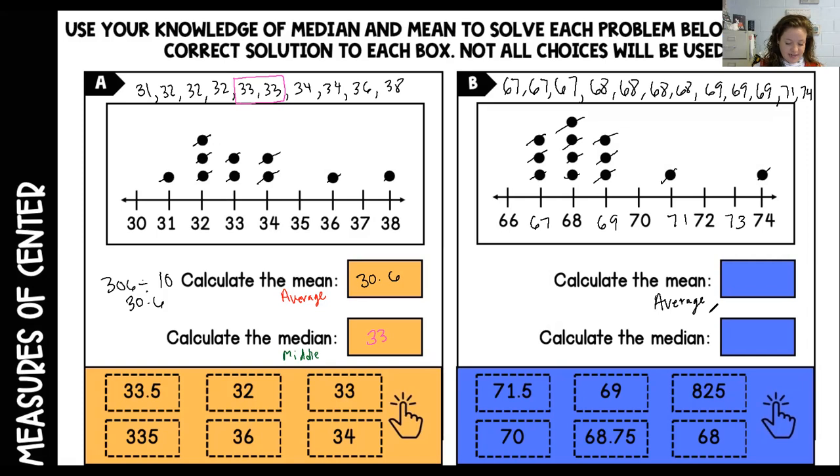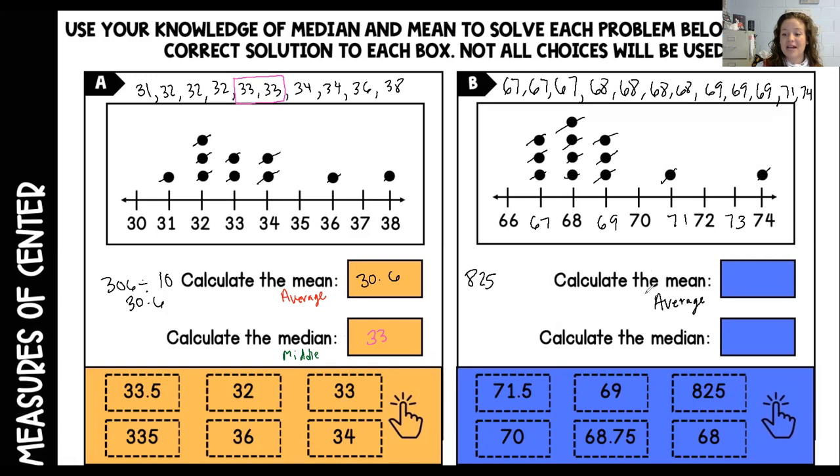We've got 7 times 3 to 1 plus 6. So I get that total of 825.